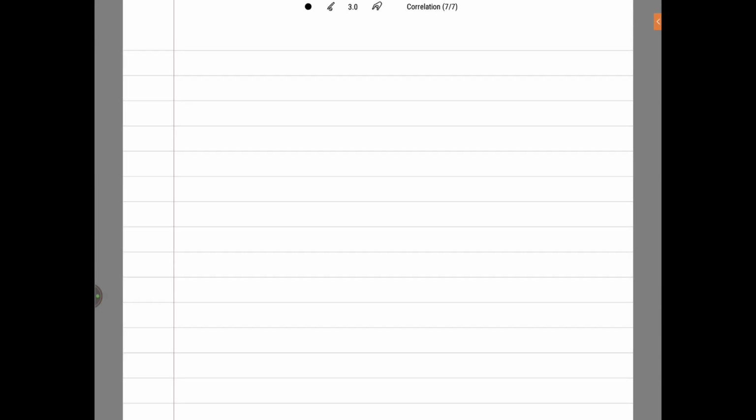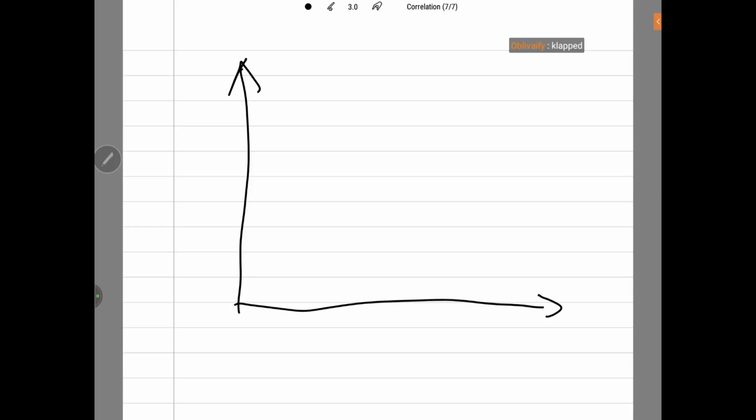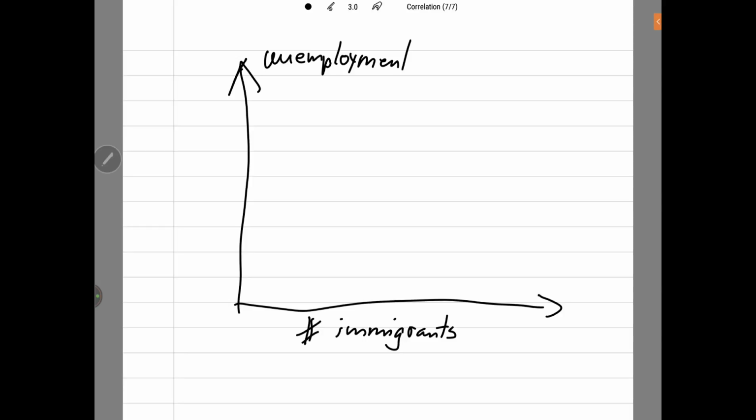What about this? Number of immigrants plotted versus the unemployment rate.